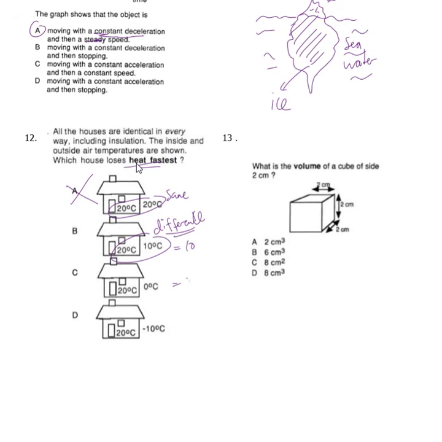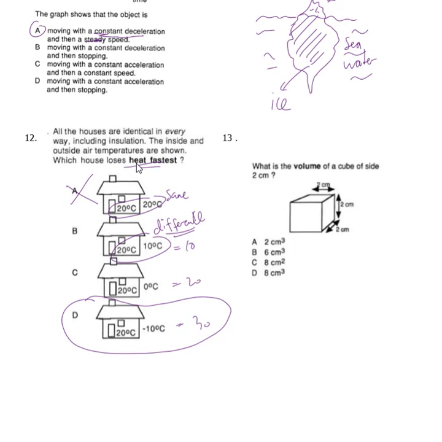This one is 20. This one, what's the difference here? Okay, 30. Therefore, this one has more difference, so this one will lose heat the fastest. For example, if you're hot, you go outside, your heat goes away.